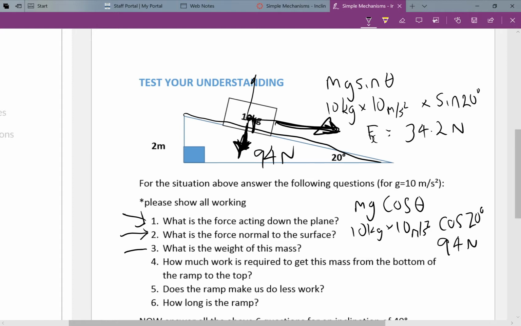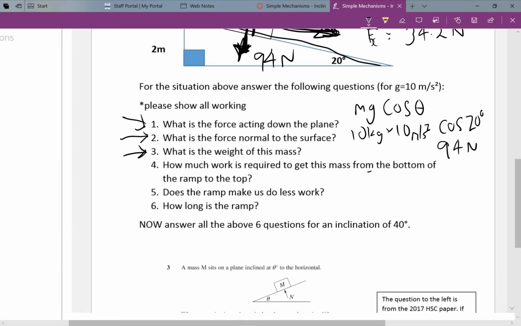What is the weight of this mass? Now we've discussed this in class a lot of times. People tend to get the idea of kilograms as weight. Well, kilograms is mass. Okay, and we know the mass of this object on the incline is 10 kgs, and we know that force is equal to mass times acceleration.